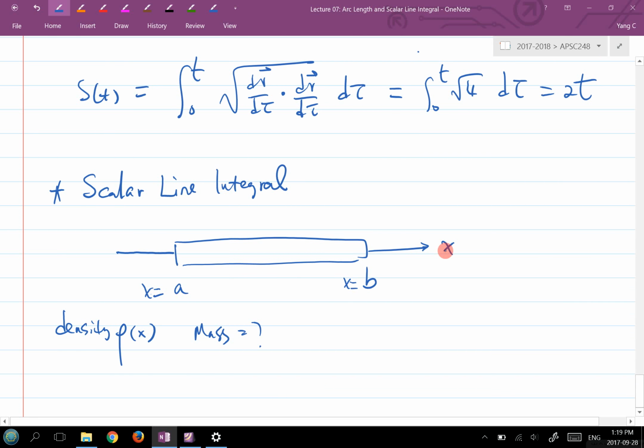This is how we approached it in 172. We take a very small segment on the wire. Suppose this is at location x of k, and it can be represented by a small mass delta m k. Around location x of k, a small segment of wire has a mass delta m.